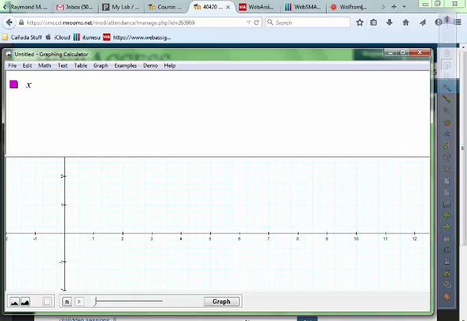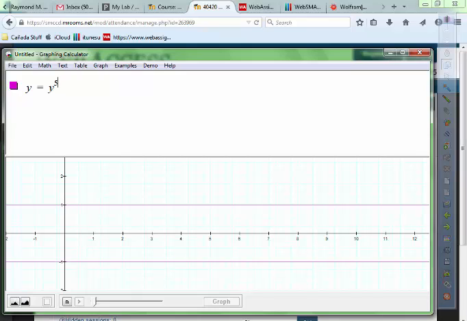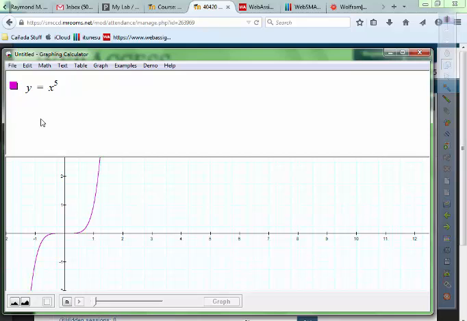But this is fairly easy in the sense that you just type in any relation between x and y that you want. Oops, it should be x to the fifth. And then you get the graph instantly.